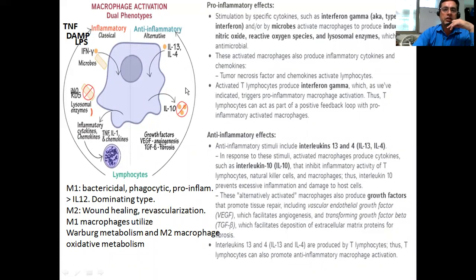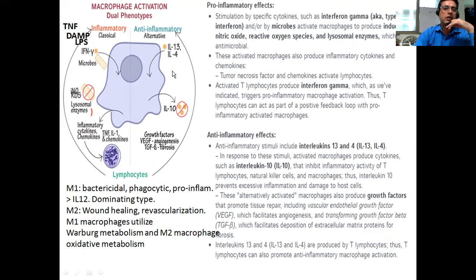That is a normal physiological response of the body to remove the dead or diseased cells out of the body. So in those cases, the inflammatory type or the classical pathway should not be activated in the macrophages, while the alternate pathway should be activated, so as to subside any inflammatory outcome of removing the dead or diseased cells out of your system.